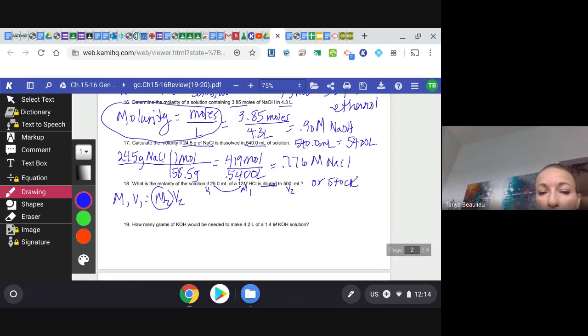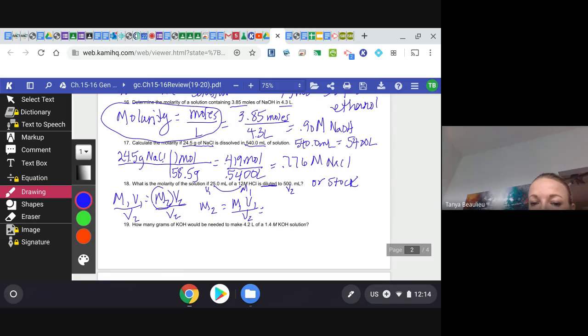So to get M2 by itself, I'm going to divide both sides by V2. And what we end up with then is M2 equals M1 V1 divided by V2. Plug in your values here. We had 12 molar for M1 times 25 mils for V1 divided by 500 milliliters for V2.